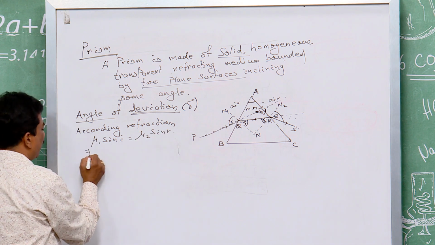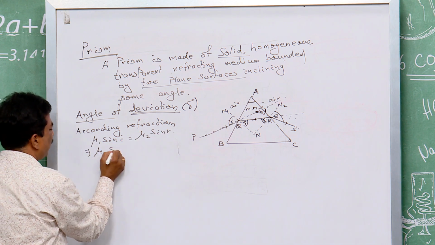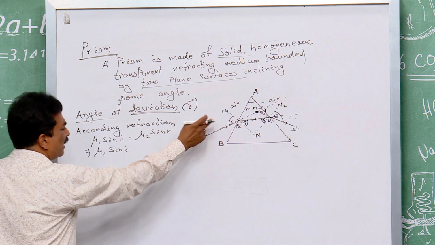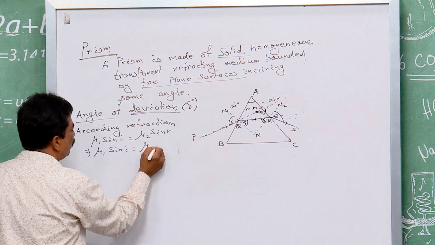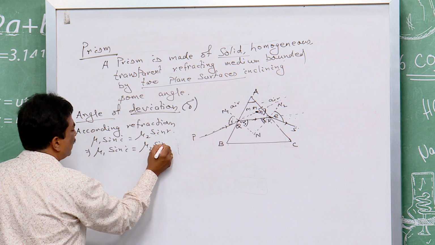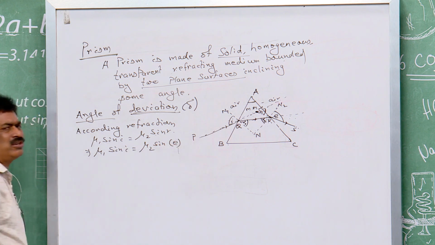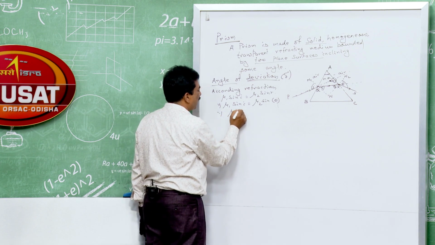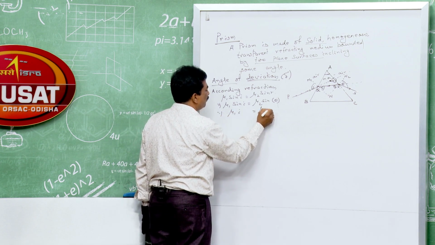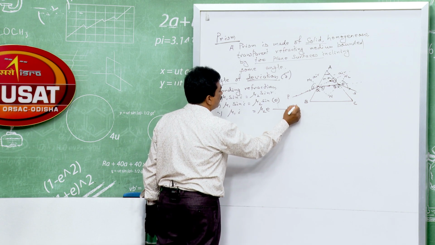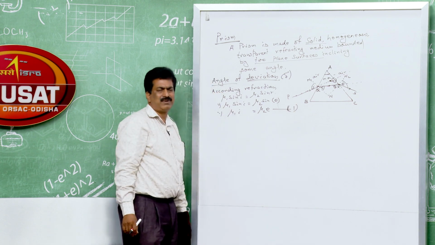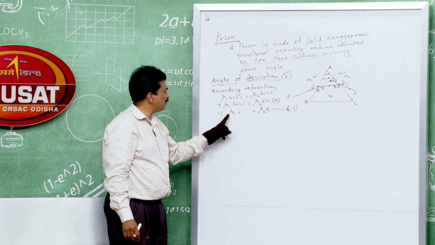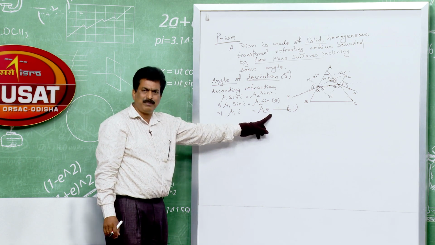So that implies mu1 sin I, where we have taken I, and mu2 sin R, where that R we have taken as E here. Therefore you can say mu1 I is equal to mu2 E, meaning for a very small angle of incidence on the angle of the prism, mu1 I is equal to mu2 E.